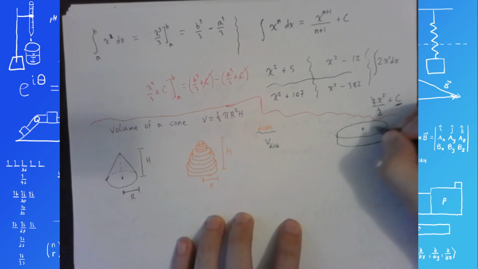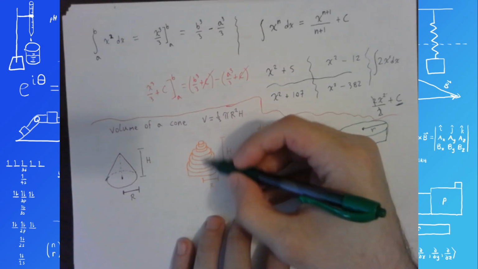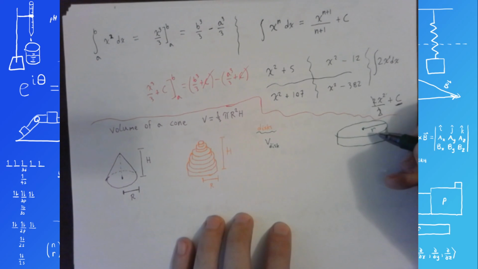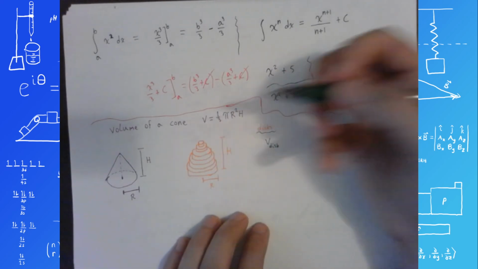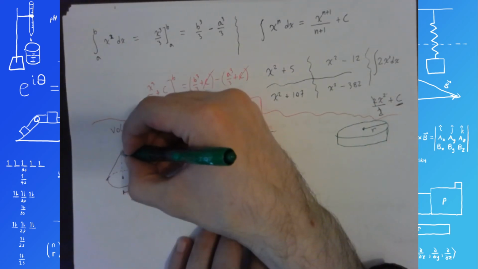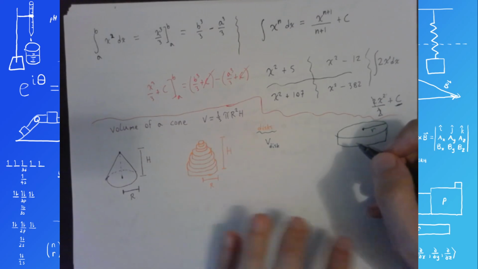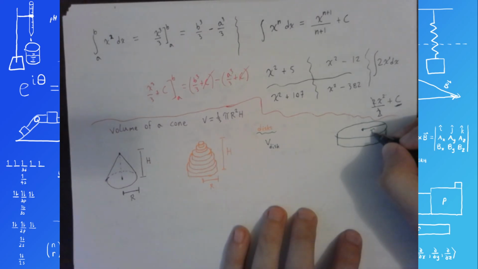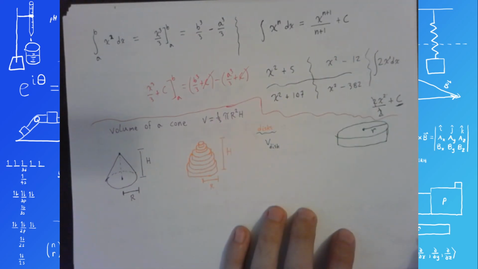This disk is going to have a radius little r. I'm not going to call it big R because only the bottom disk is going to have a radius of big R. All the other disks are going to have radii between big R and, I guess, the topmost disk will have a radius of basically 0 to represent the tip of your cone. So I'm going to use little r for the radius of any random disk within this stack.